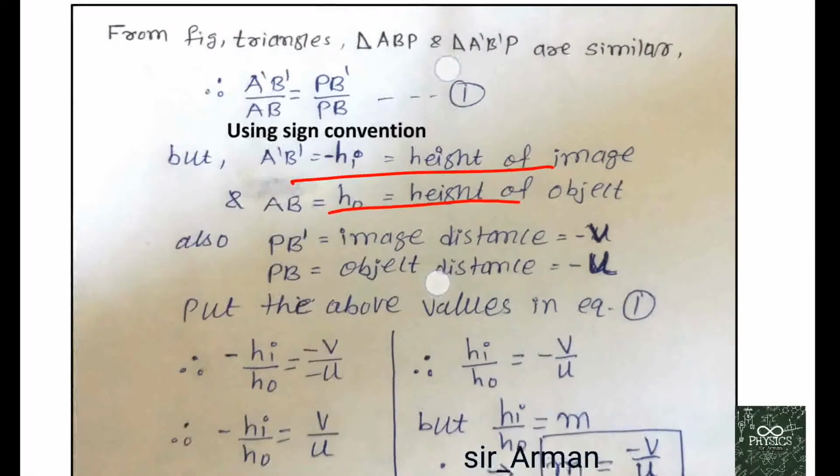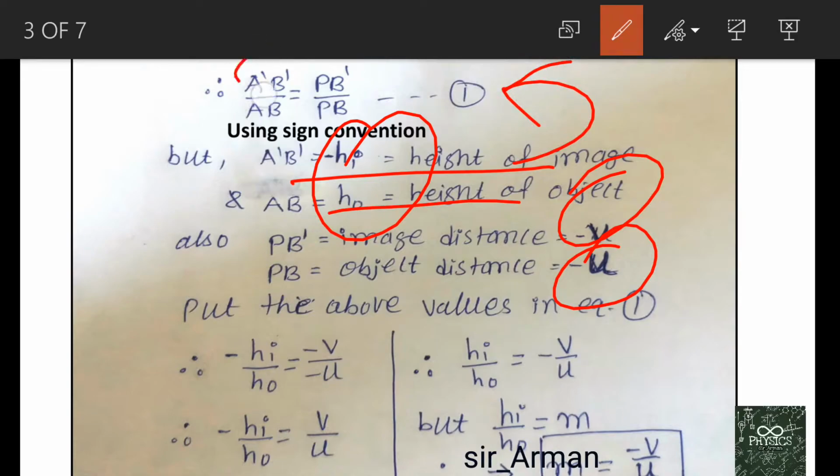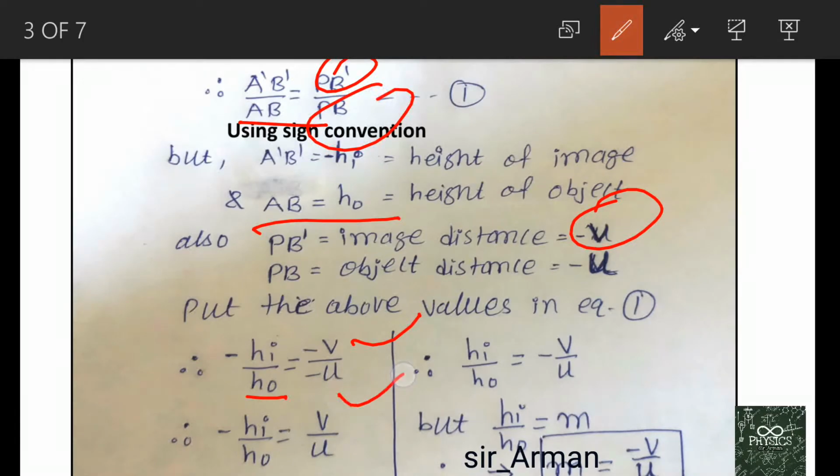So here PB' is equal to minus v and PB is equal to minus u. So we have to put all these values in equation 1. So here A'B' is minus hi, AB is equal to ho, height of the object, and PB' is equal to minus v and PB is equal to minus u.